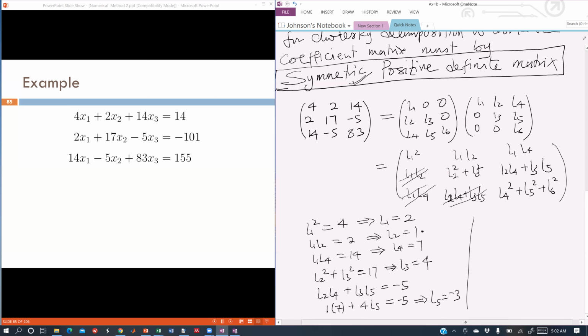Then finally, I go for L4 squared plus L5 squared plus L6 squared is equal to 83.